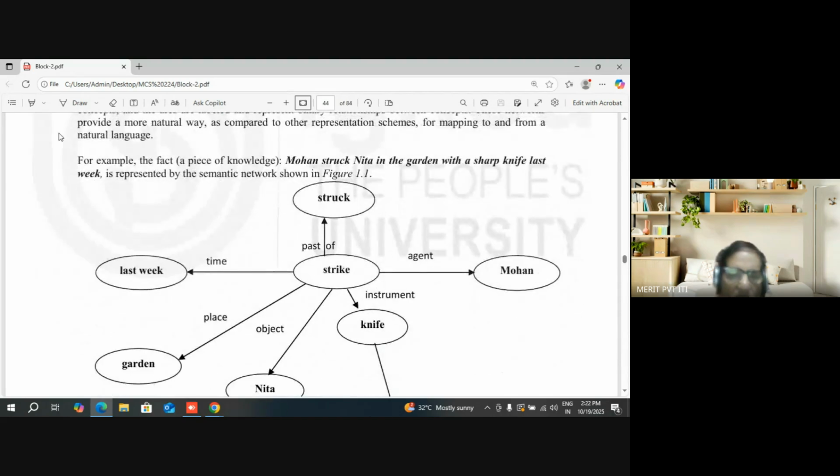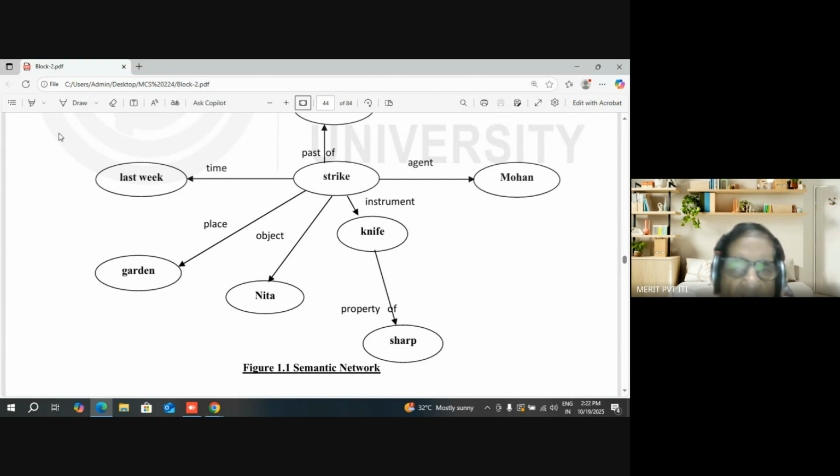For example, in this particular case, there is an important case that Nita is the object, garden is a place, and time is last week, and struck. Who was the agent? Mohan was the agent. What was the instrument? Knife, which is sharp.